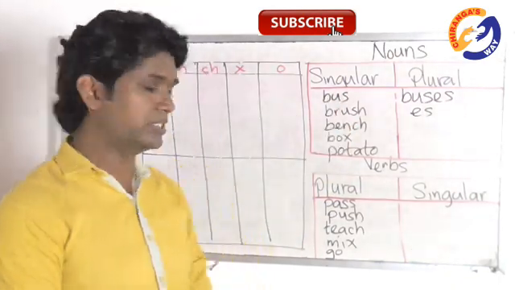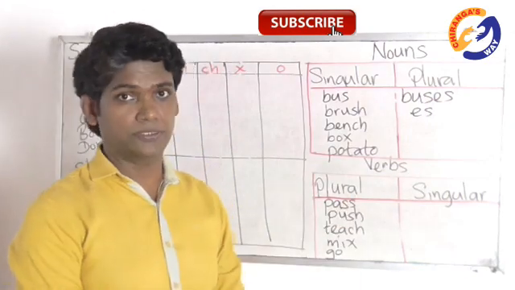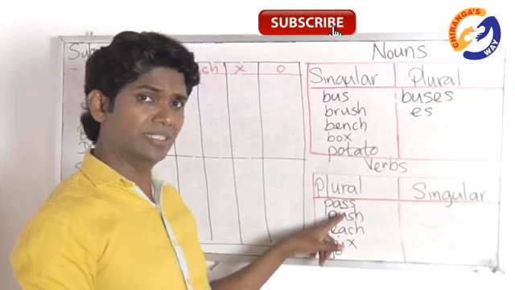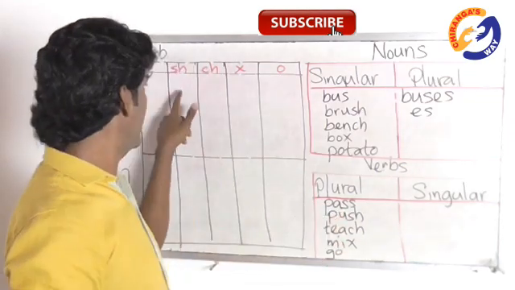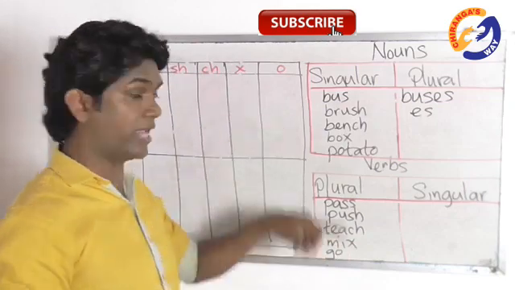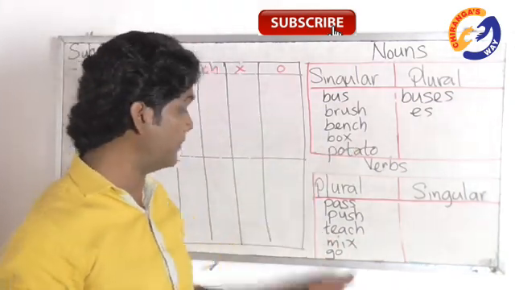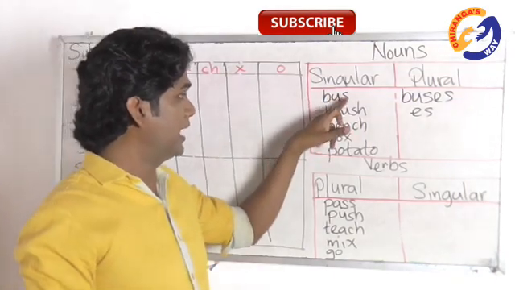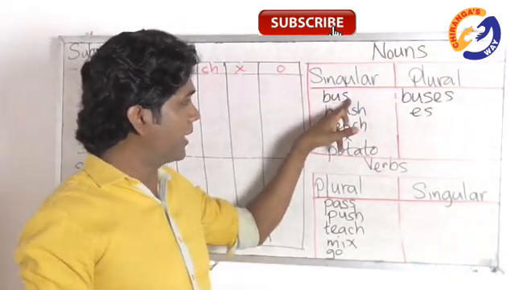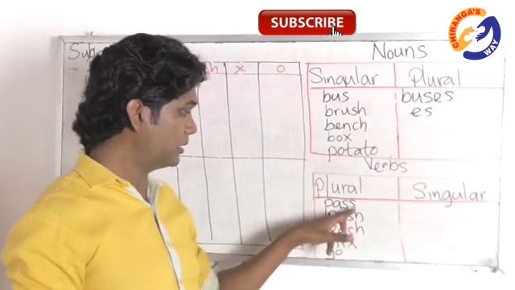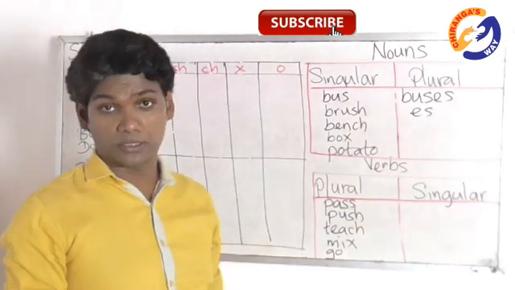The same thing applies to verbs as well. What is happening? The word ends in s, sh, ch, x, o. As we have already discussed in the plural form, the same rule applies over here also. We are adding es to make a noun plural, and we are adding es to make a verb singular.